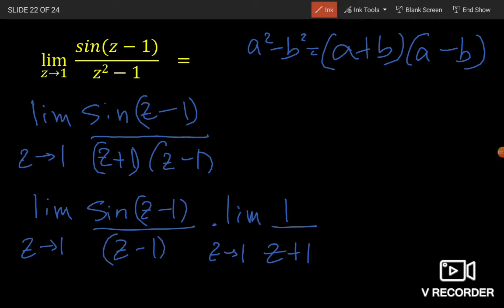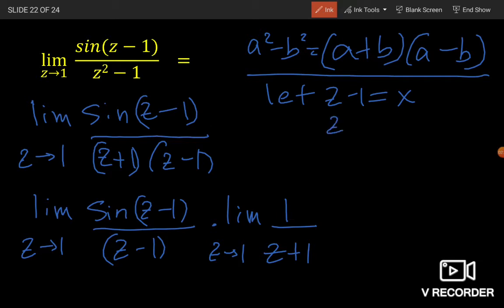Now, let z minus 1 be equal to, let's say, x. As z approaches 1, what happens to this?